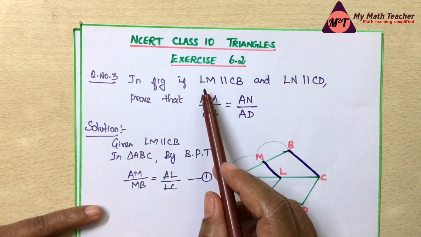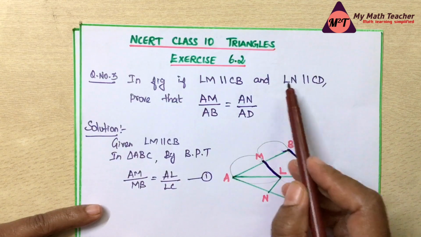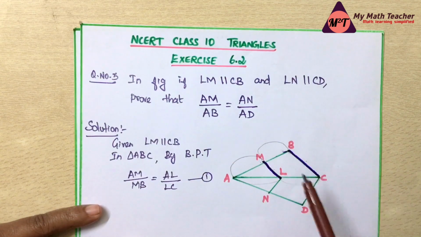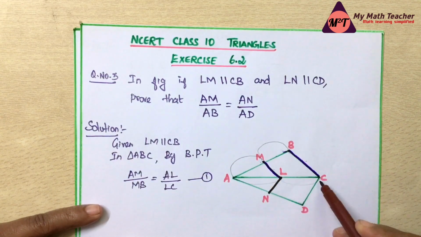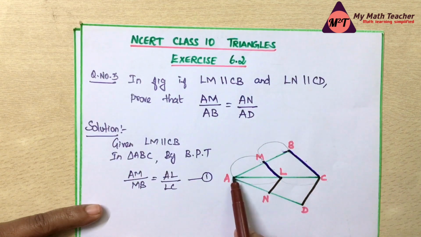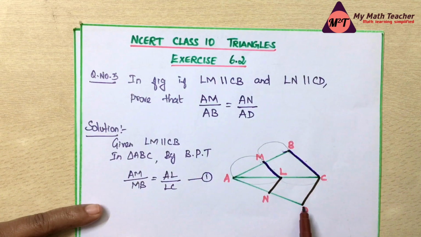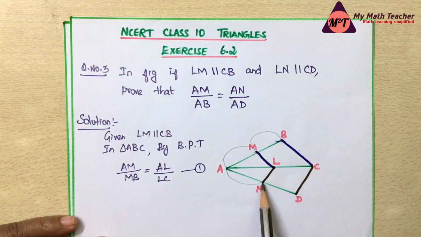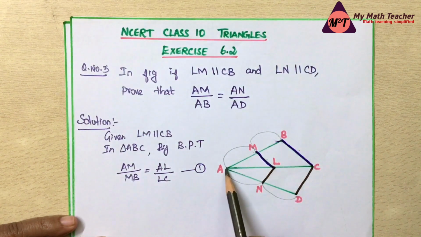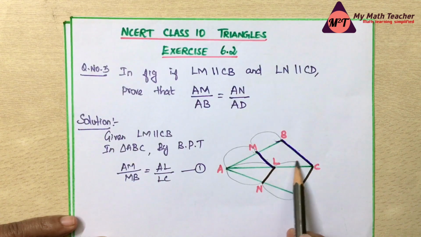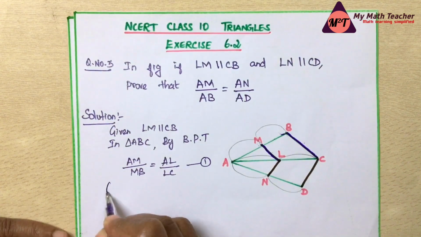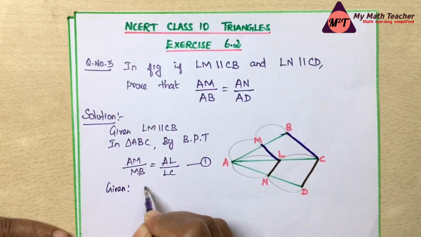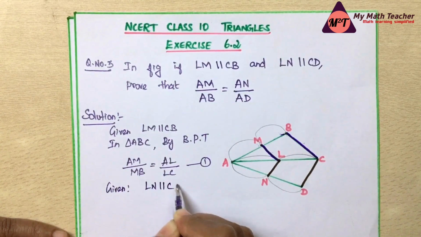Now after completing this, let us consider the next one. Here LN is parallel to CD. Now consider this triangle ACD. Given is LN is parallel to CD.